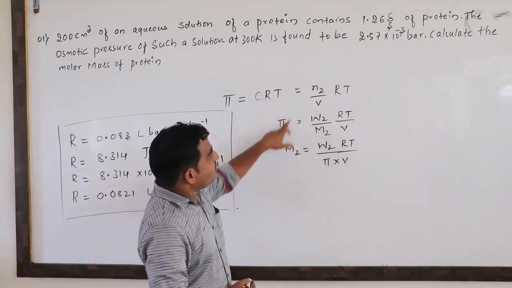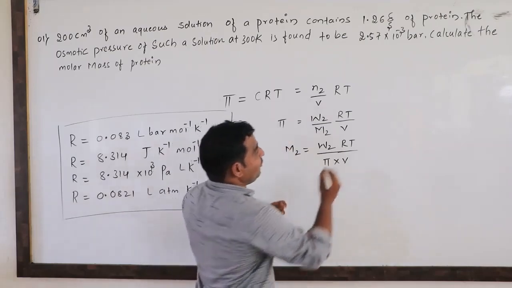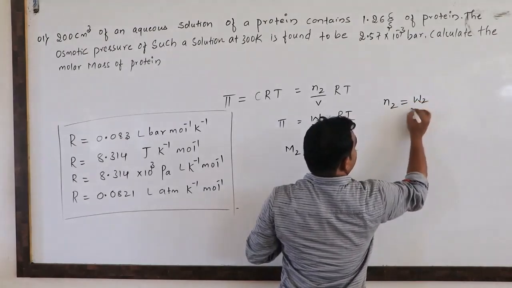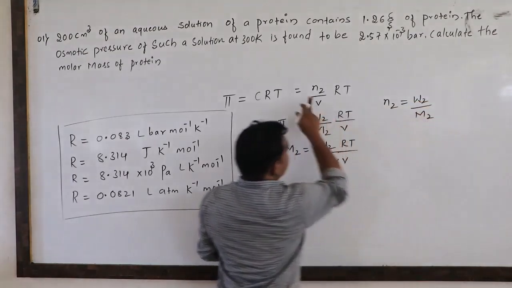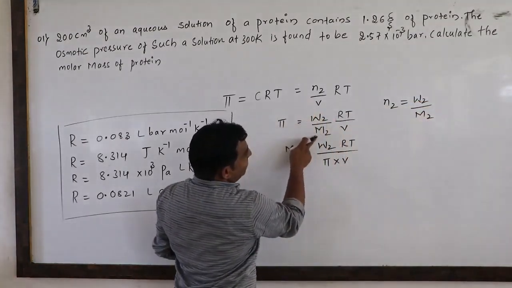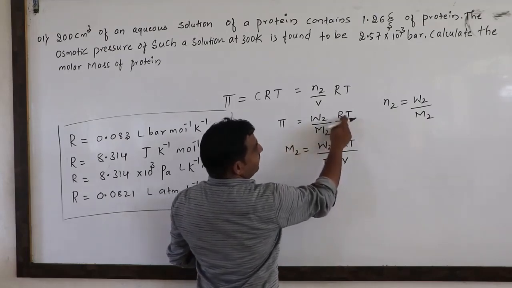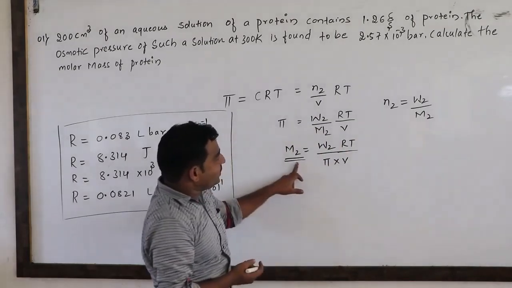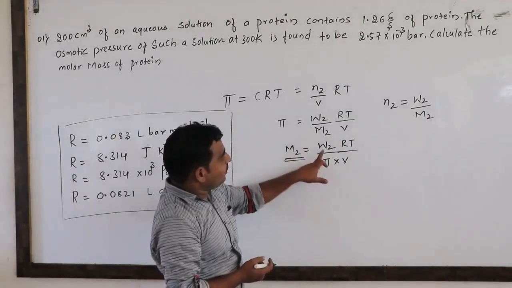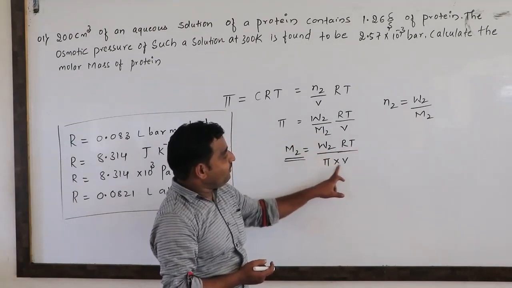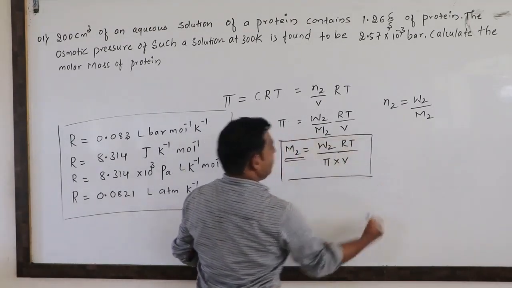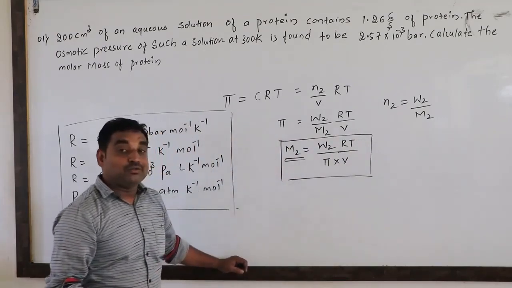To calculate n2, the number of moles of solute, n2 is equal to given weight divided by molar mass. So pi is equal to W2 divided by M2 into V, into R into T. Now if you want to calculate the molar mass of the solute, M2 is equal to W2 RT divided by pi V. You have to remember this formula to calculate the molar mass of a solute.